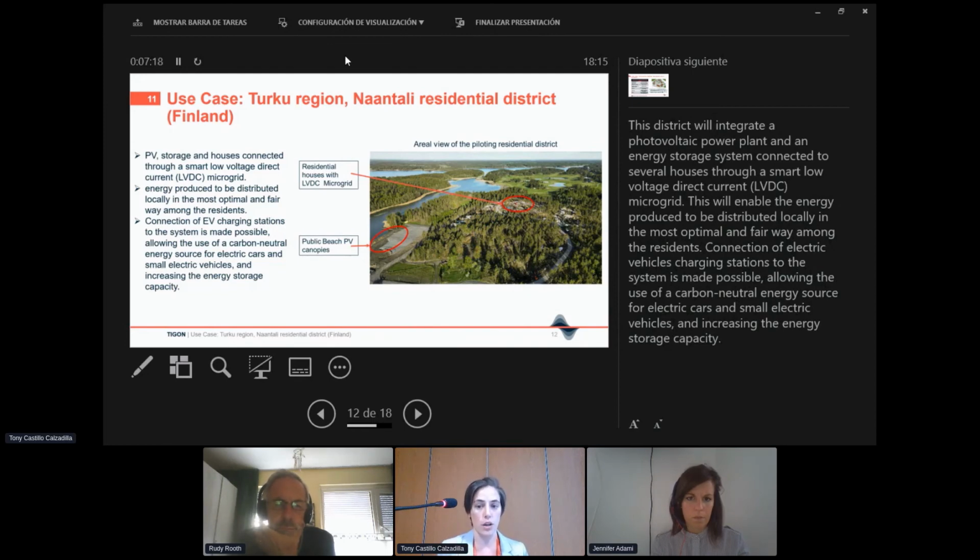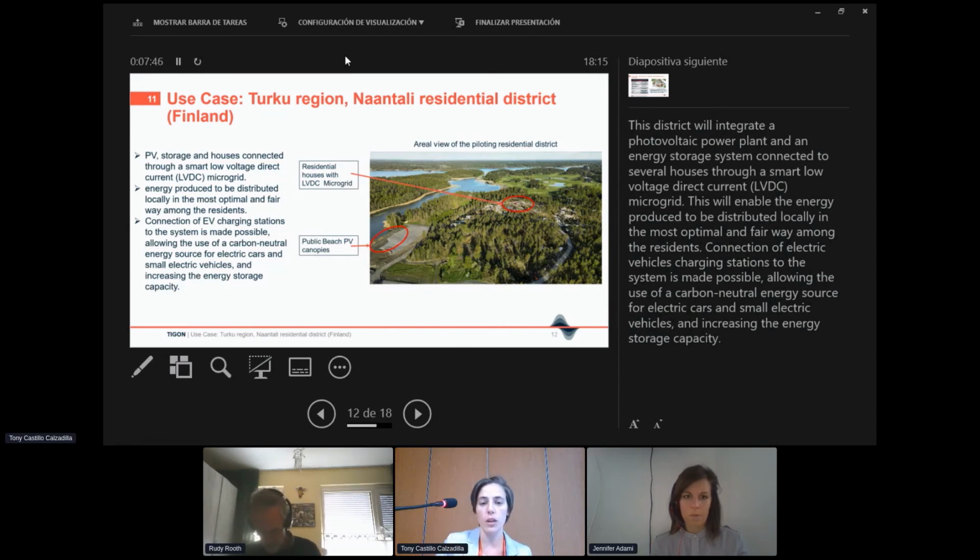And this microgrid will enable the energy produced by the PV to be distributed locally in the most optimal and fair way among the residents of the houses involved in the demo site, as well as to demonstrate and study the connection of EV charging stations to the system.